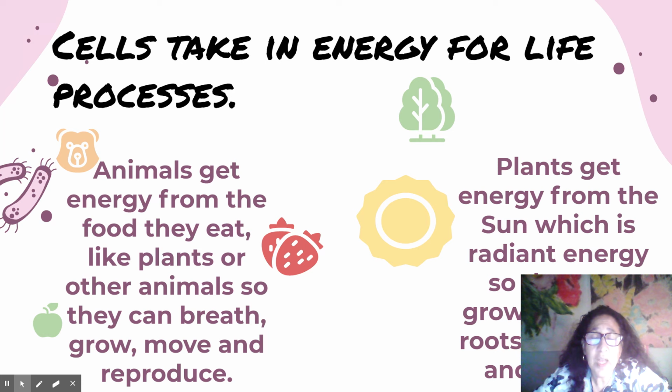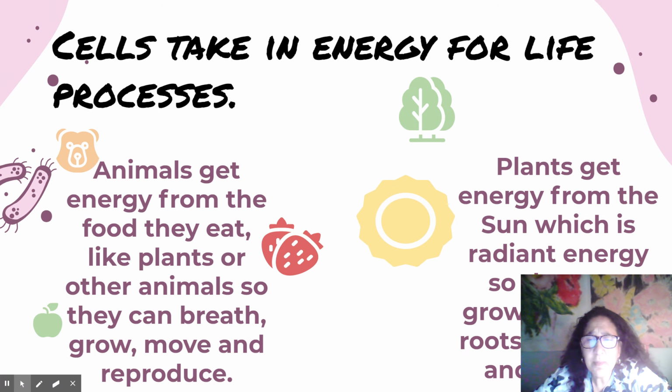So animals get their energy from the food they eat, like eating plants, or they might eat other animals. And they need it so they can breathe, grow, move, reproduce, all those things that they need to do to be able to live their lives.